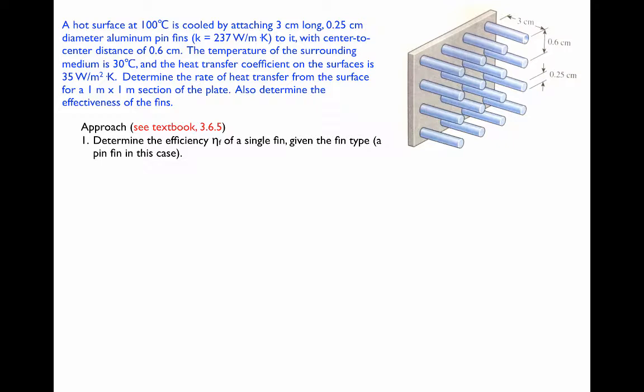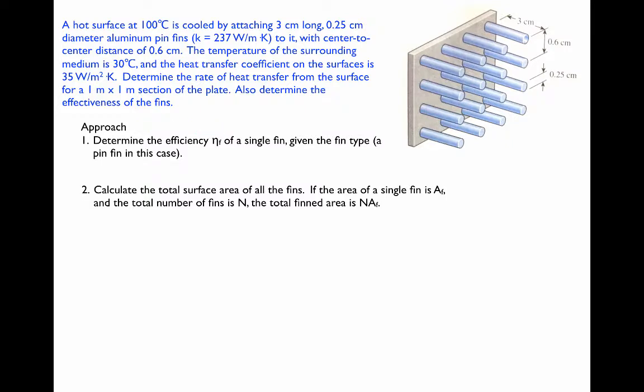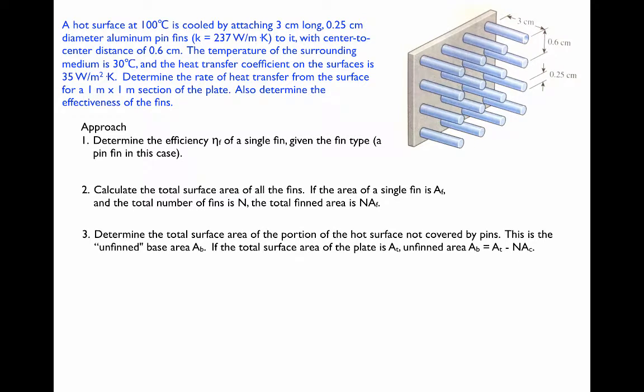So first, we want to calculate the efficiency of a single fin. We can do that because we know we have pin fins, and we can look up the relevant equation in the table. Then calculate the total surface area of all the fins taken together. That's the area of a single fin times the total number of fins in the 1 by 1 square meter area.